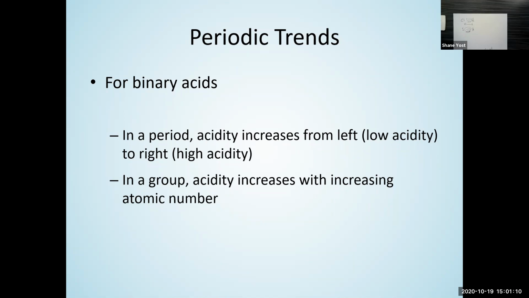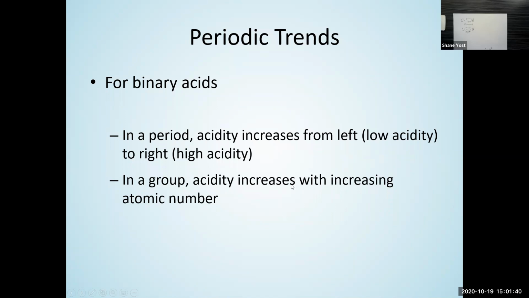And the strength of the acid increases as you go to the right and down the periodic table. Which is why your strongest binary acids are HCl, HBr, and HI. Those are the ones furthest right and down on the periodic table, the halogens, okay? So that's why HCl, HI, and HBr end up being the strongest acids.